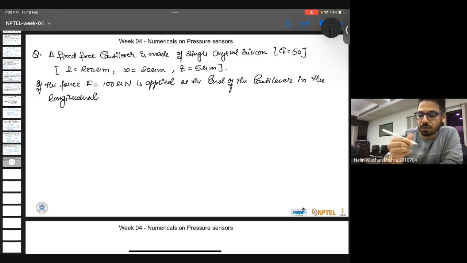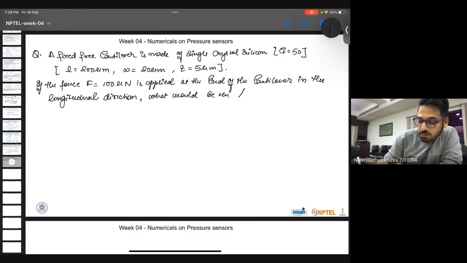So the force is applied in the longitudinal direction, not in the transverse direction. So the question is, what would be the percentage change of resistance?